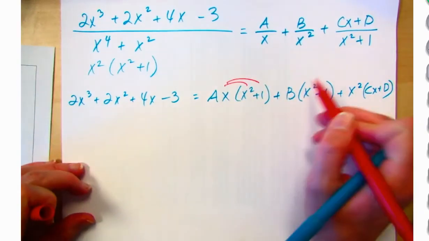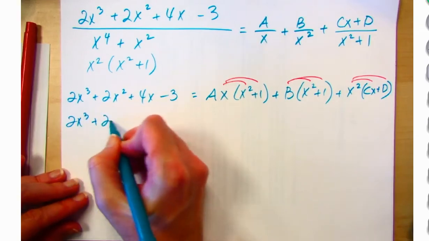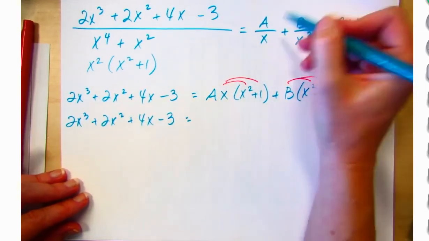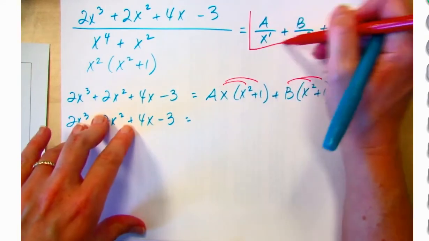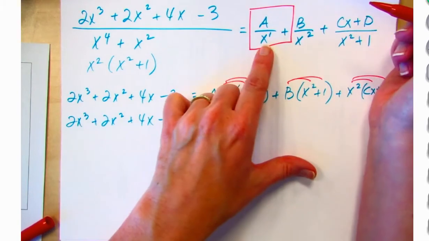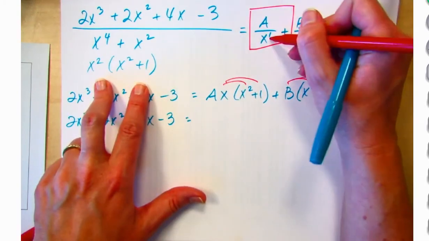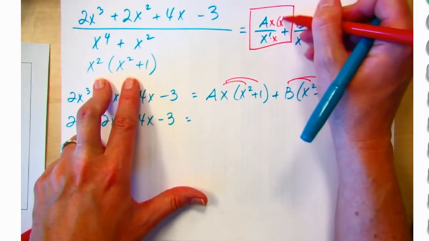So go for it. With the distributive property, because I have one power of x on the bottom. So think about it from right down here, Emily. What's this x missing if this is the common denominator? It's missing one power of x, and it's missing the x squared plus 1.